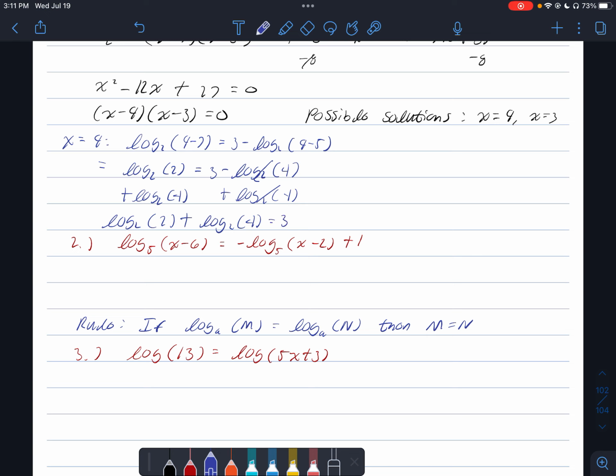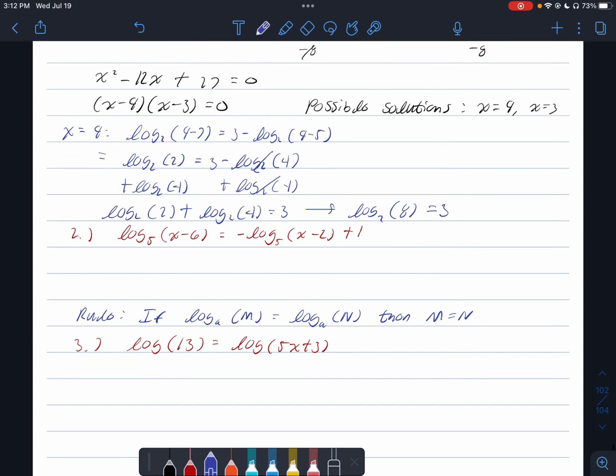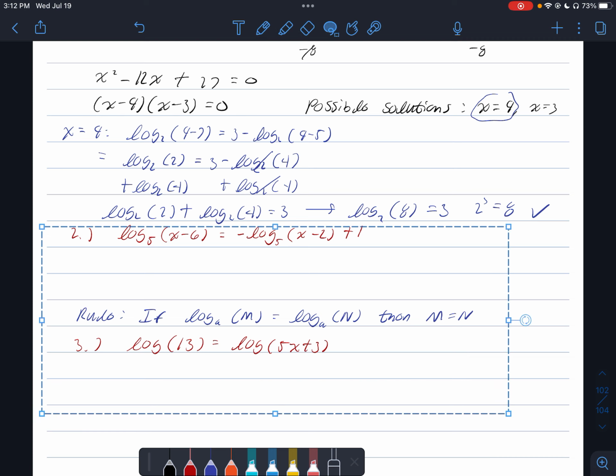Okay, so let's go ahead and use our product rule. And we have log base 2 of 2 times 4, which is 8, should be equal to 3. Or 2 to the third equals 8, which is true. So we know that x equals 9 is indeed one of the solutions to this equation.